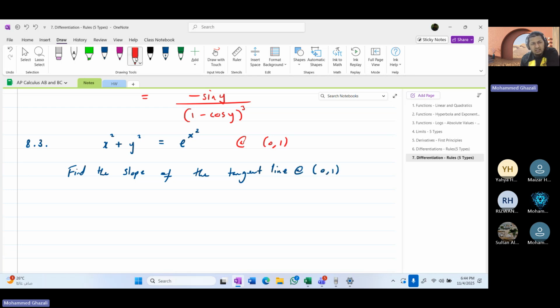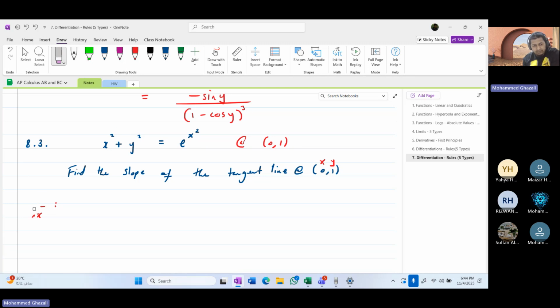What is 0 and 1? That is the x value and the y value. So to find the slope, which is dy dx, we're differentiating both sides.